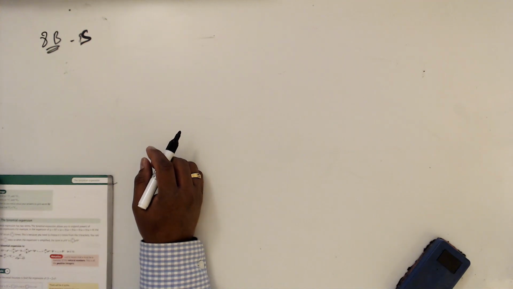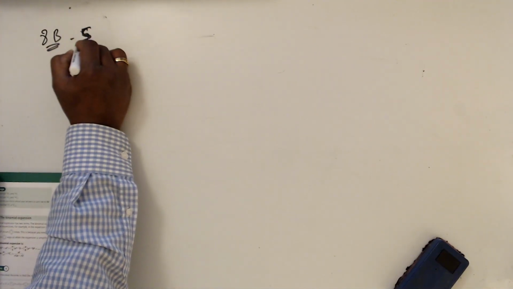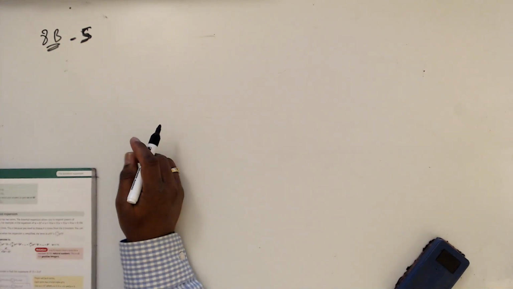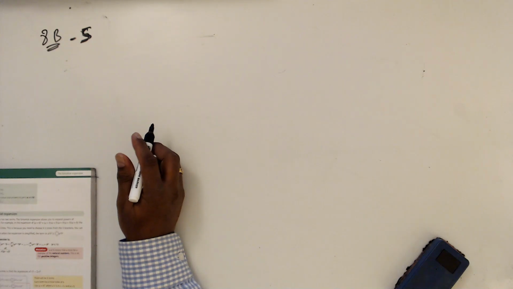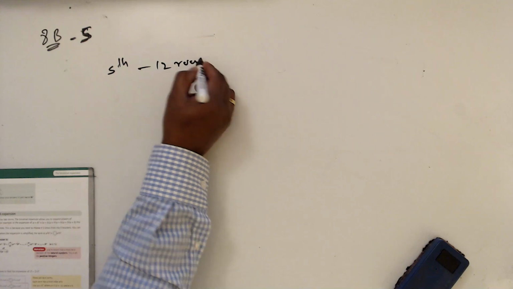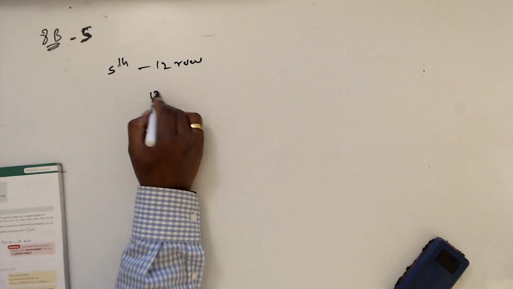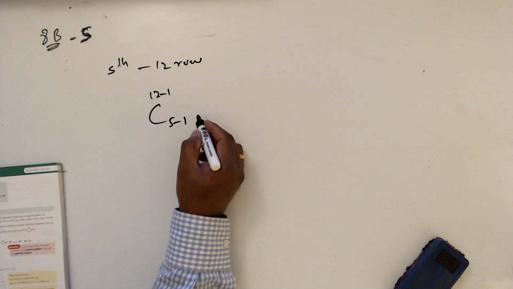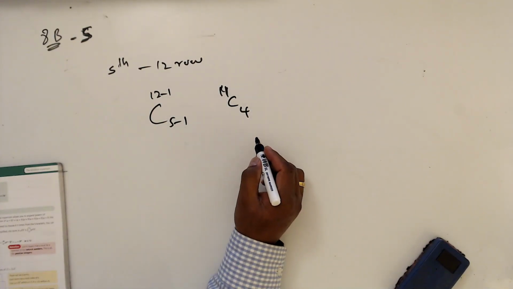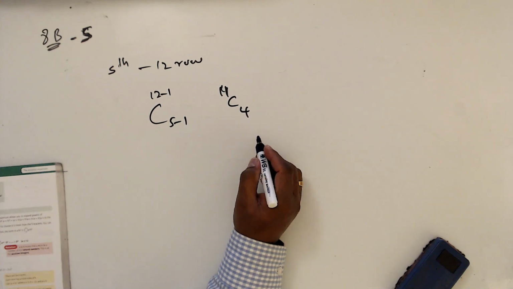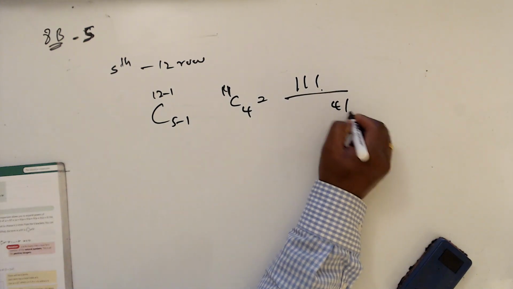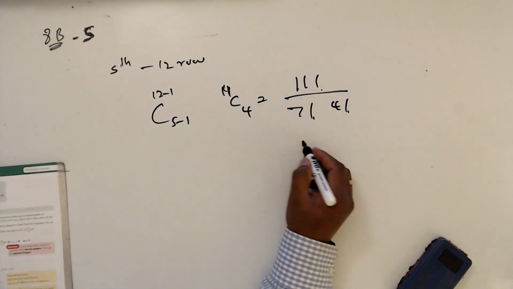Question number 5. We just discussed the theory at number 4. Question: work out the fifth number on the 12th row. Fifth on 12th row means C with 12 minus 1, 5 minus 1, which is 11C4 you want. 11C4 means factorial 11 over factorial 4 factorial 7.